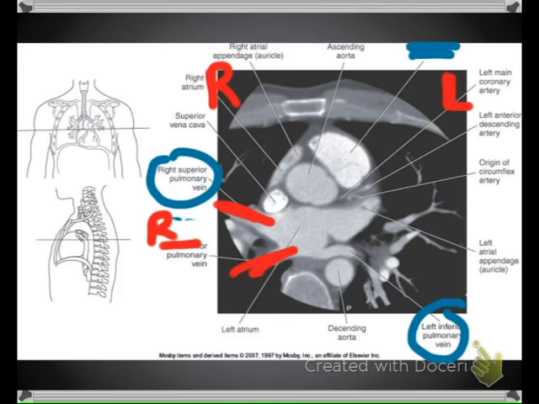Also, we do see that the image actually has the main coronary artery labeled. However, it is very, very difficult to actually understand where we're looking at, and we won't worry about those as well. So just X those off, because I feel that that is very, very difficult for you to discern on this.